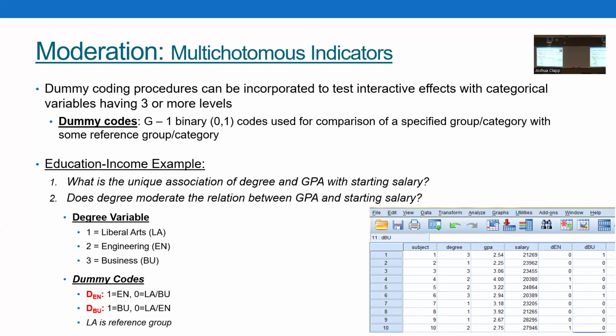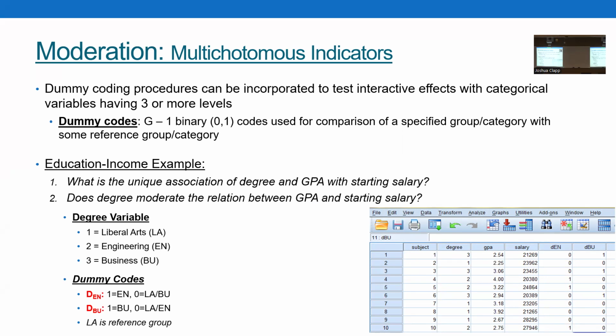We want to know whether degree moderates the relation between GPA and starting salary. So does GPA correspond to your starting salary at all, differently if you're an English major versus an engineer versus an accountant, who knows, right?